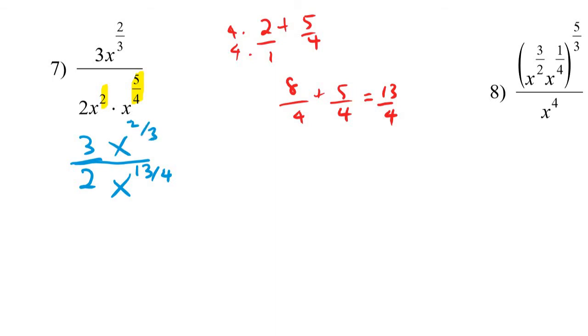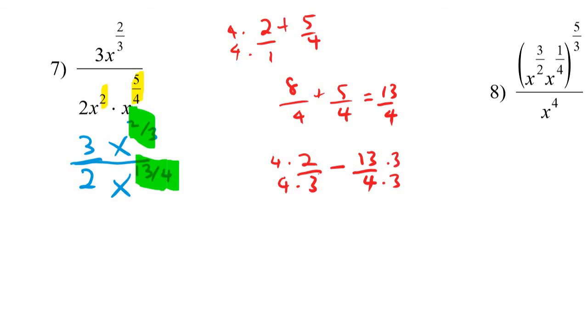Now we're ready to do the quotient property by subtraction. So what we're going to do is subtract this fraction and this fraction, the one in green. Let's do the scratch work over here. So we have 2/3 minus 13/4. Now we need to make them the same denominator, so times 3, times 4, times 4, times 3.